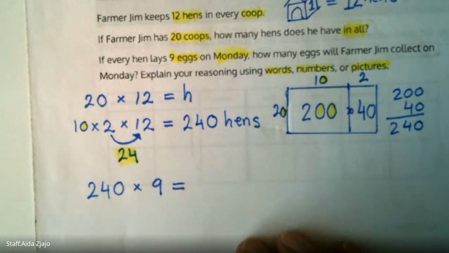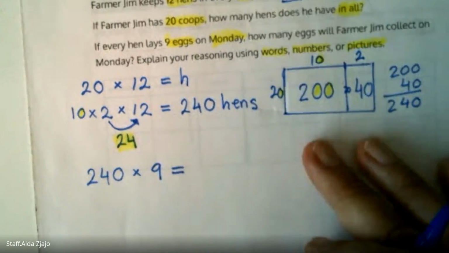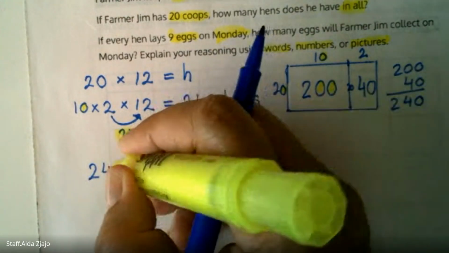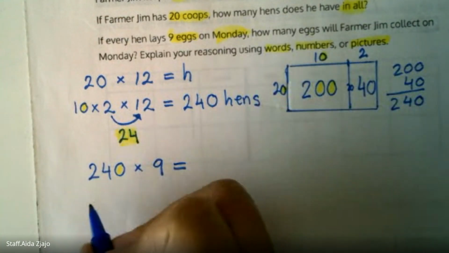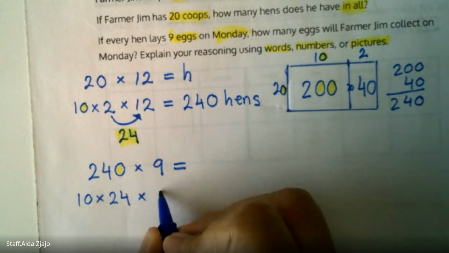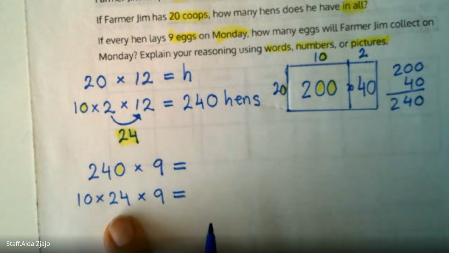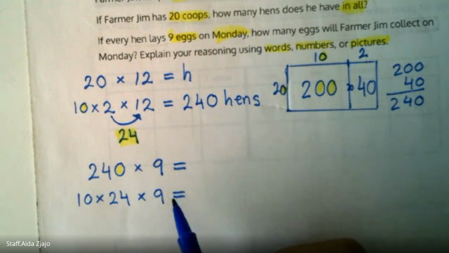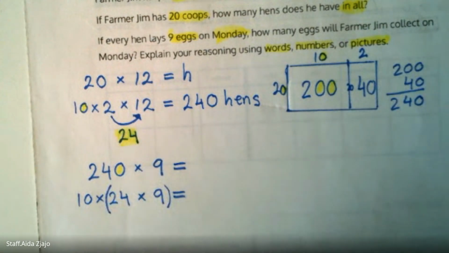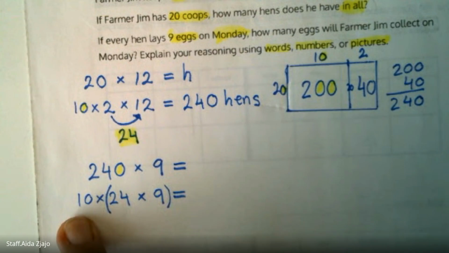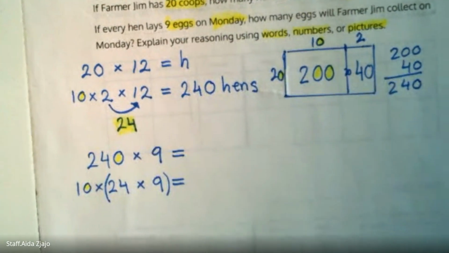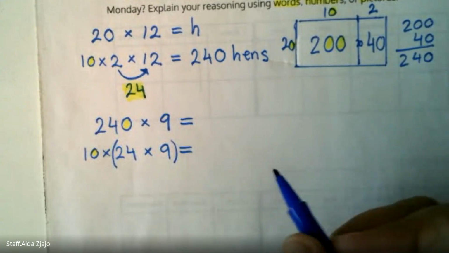Okay, if we use the same strategy as before, I decompose 240: the 0 represents 10, which means 10 times 24 makes 240, and times 9. So I could use the associative property. I could multiply 24 and 9 and then multiply by 10 so that my product will gain a 0. That's one way of doing it, so let's do that.